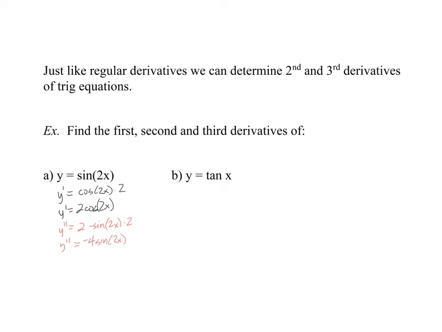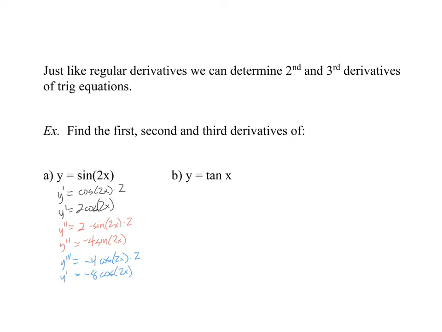So that one's good. So our third derivative now should be almost the same again. Let's leave the negative 4 alone. Derivative of sine becomes cosine, and 2x derivative would be 2 again. So bring that to the front, and we would get negative 8 cosine of 2x.